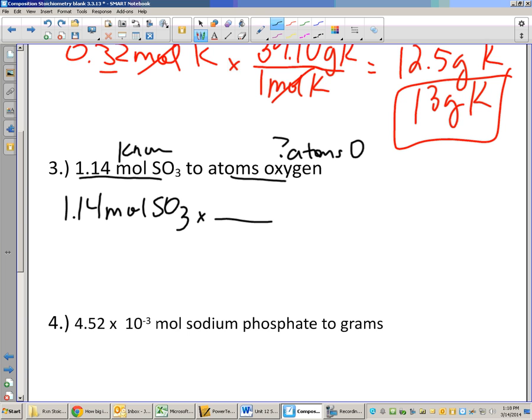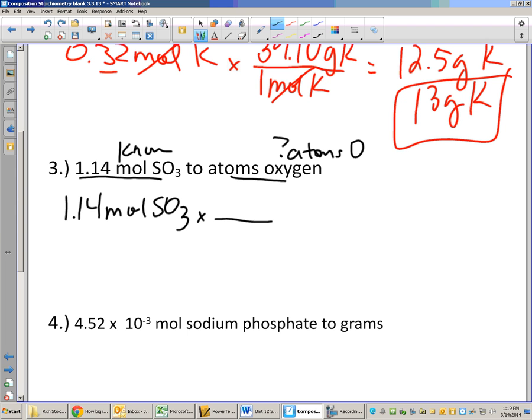All right, so what do you think I need to get out of here so I can use as conversion factors? I need to get out of moles so I can go to what? Not atoms yet. Molecules. I need to start with sulfur trioxide first before I can finally get down to the nitty gritty of oxygen. So here I'm going to say, okay, I know that a mole contains how many molecules of SO3?